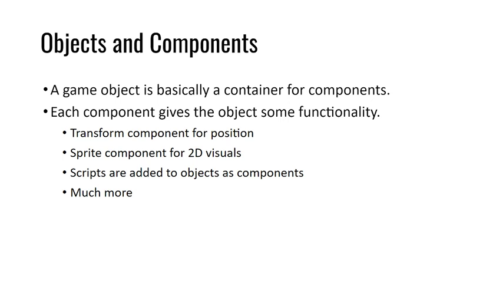There's also a component for sprites called sprite renderer. And components also control the behavior of objects. So not just how they look, but also what they do. Do they move? Are they affected by gravity? That kind of stuff. And when you write scripts, you're basically making your own components.